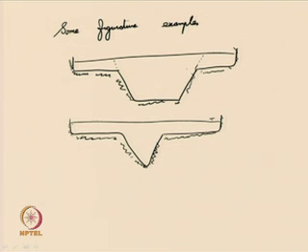If I take this channel independently, this channel independently, this channel independently, and compute the velocity using Manning's equation, now you will be having several one dimensional models, fine.